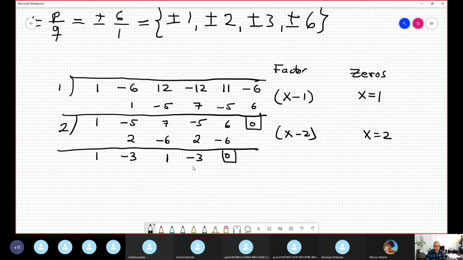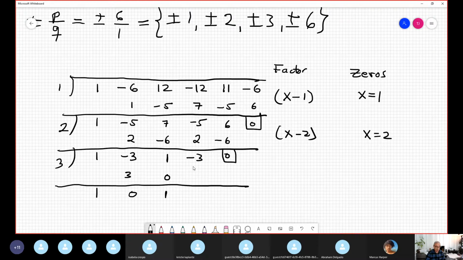Okay, very well. Now, I try 3. Bring down 1. Multiplication is 3. Combine here. Is 0, because 3 minus 3 is 0. 0 times 3 is 0. And 1 multiplication is 3. Again, 0 remainder. Nice.